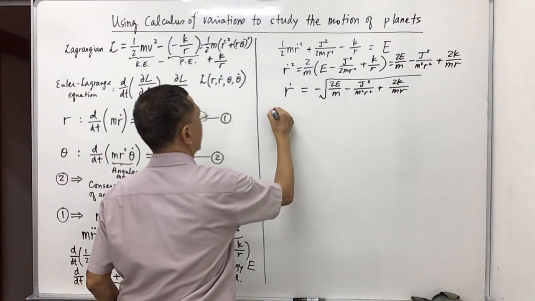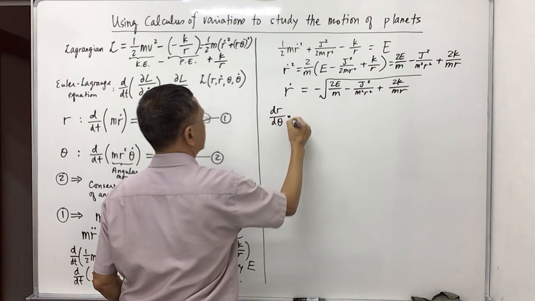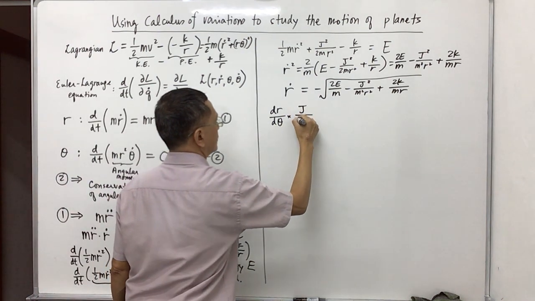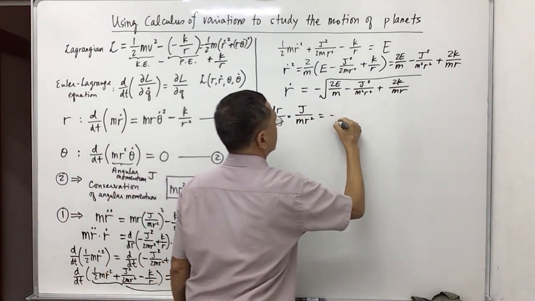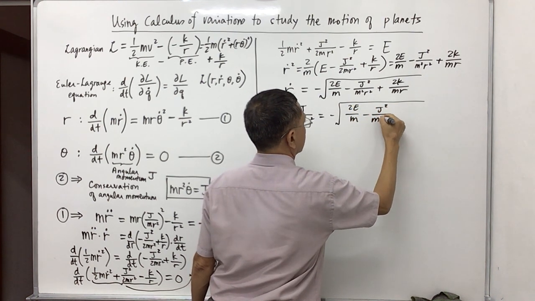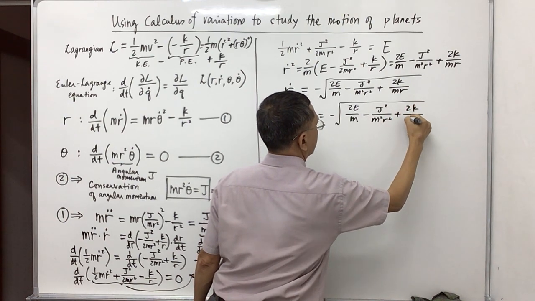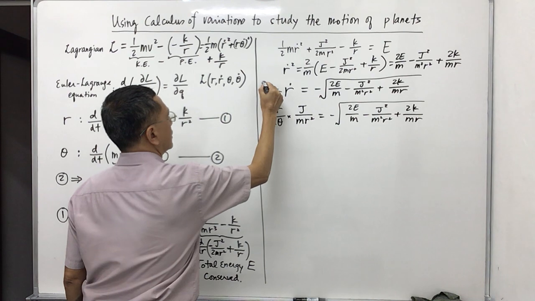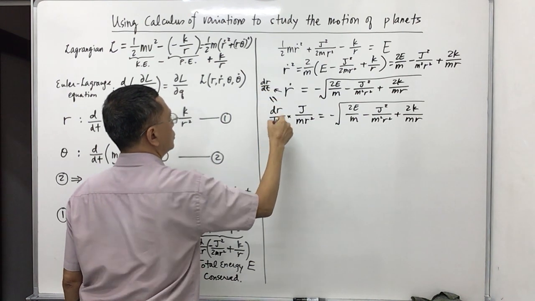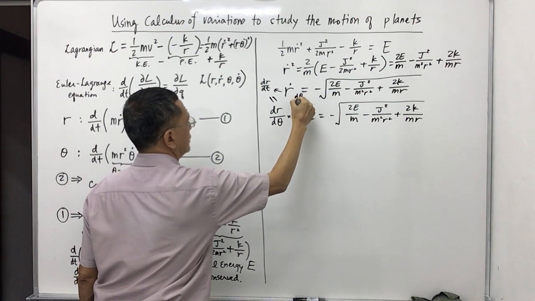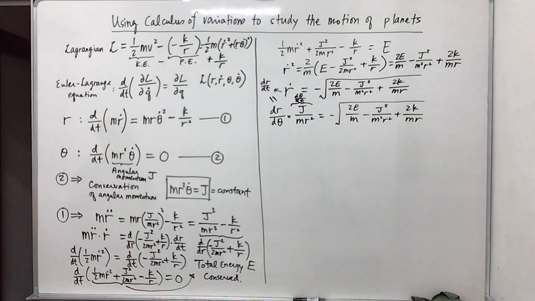So dr d theta times d theta dt, where theta dot is j over mr squared, is actually this whole block. It's again that trick with the chain rule: dr dt equals dr d theta times d theta dt. This whole thing is actually your d theta dt. Hope you can see that. It's the chain rule.